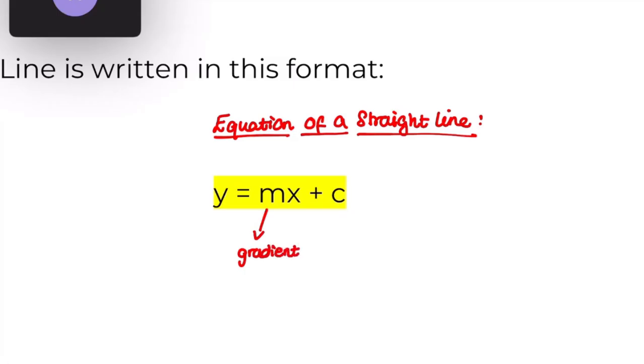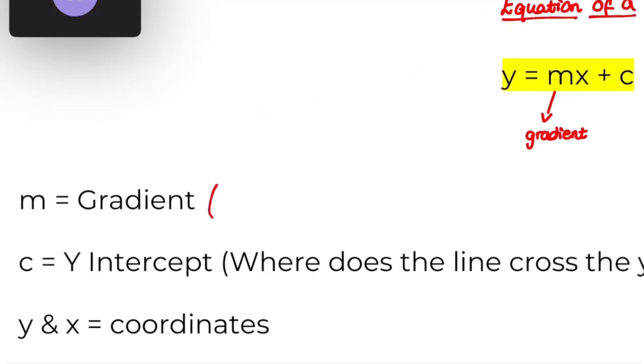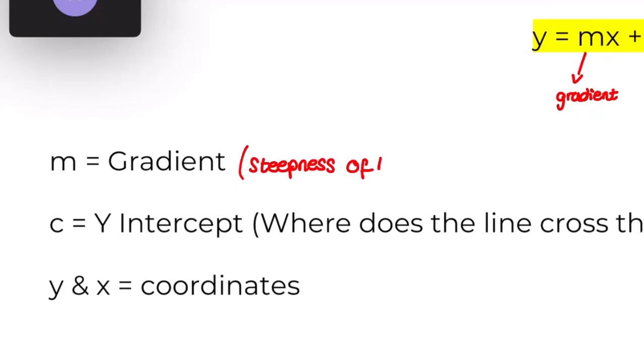Gradient is just literally what we've been doing all of last lesson and what we've looked at at the start of today's lesson. Gradient is just the steepness of the line. Is it shallow or is it very steep? If you have a negative gradient, that means it's going downwards.